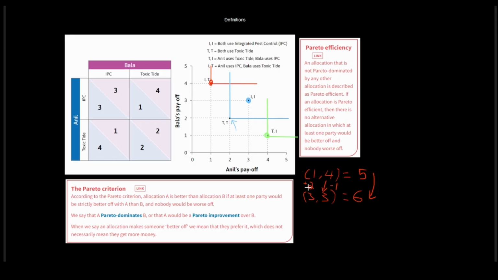So Anil is strictly better off. That part is satisfied. But Bala is worse off. She has been harmed in this process, and so it is not a Pareto improvement, even though total social payoff increases.